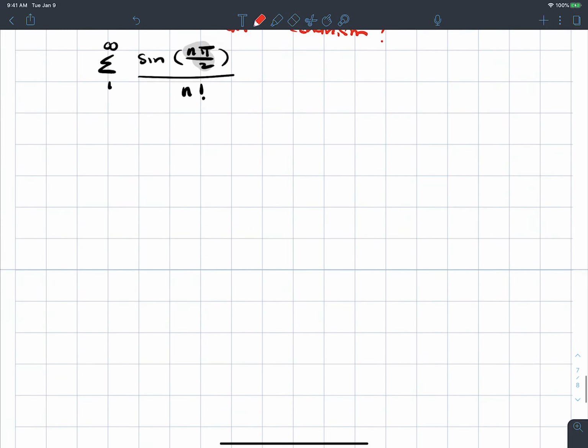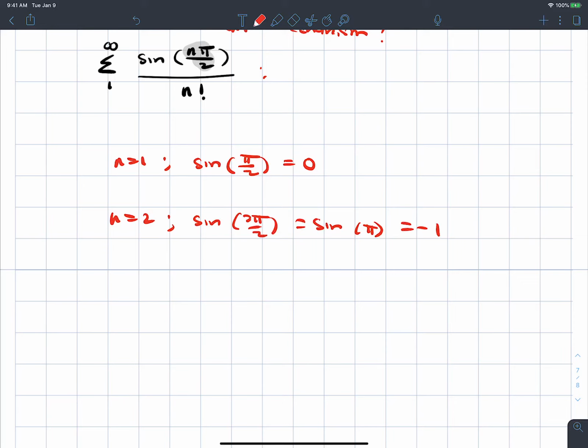If we look at terms, I want you guys to note that if n is 1, you get sine of pi over 2. Sine of 90 degrees, ladies and gentlemen, that's 0. When n is 2, we get sine of 2 pi over 2, which is sine of pi.